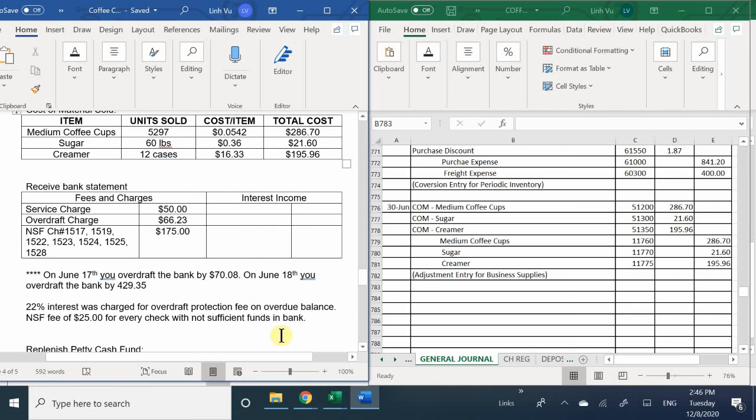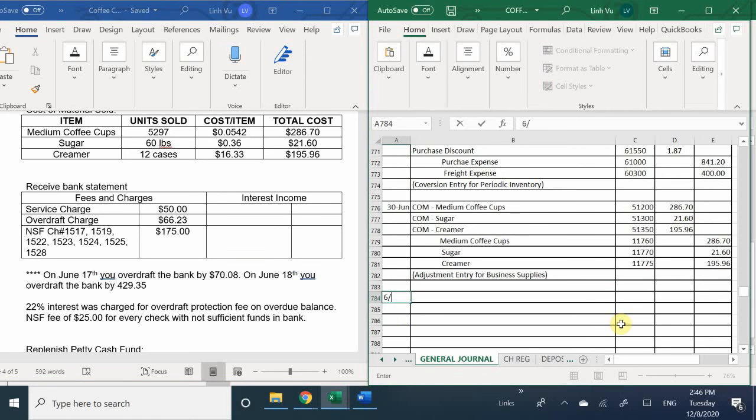All right. So with that being said, what is the account you're going to use to place all these charges? It's going to be bank fees.